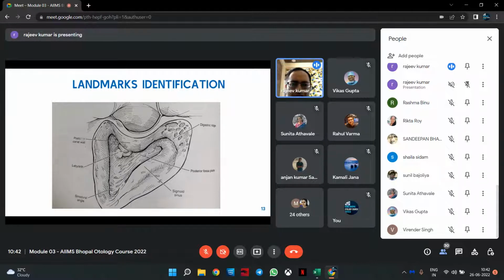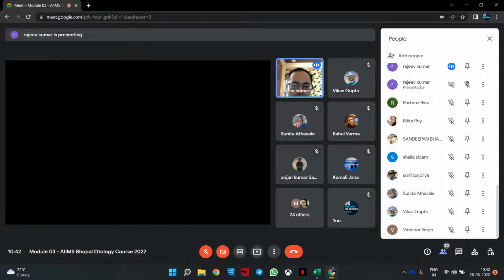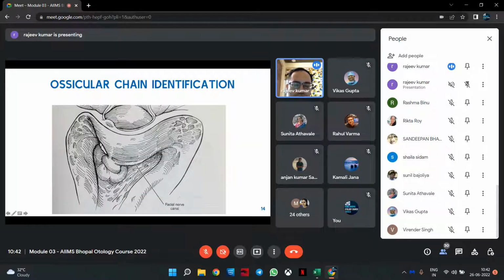Once you have identified the landmarks, you need to proceed forward in the anterior superior direction, where you will see a glimpse of the body of the incus and head of the malleus, anterior superior towards the zygomatic process. Here you have to identify your ossicular chain. If you identify this chain, it means you are going through the aditus into the attic.